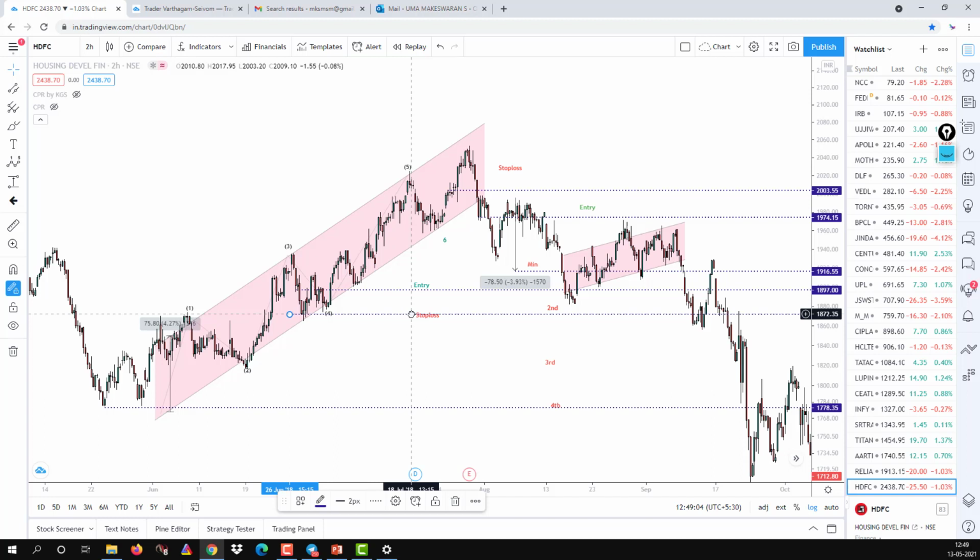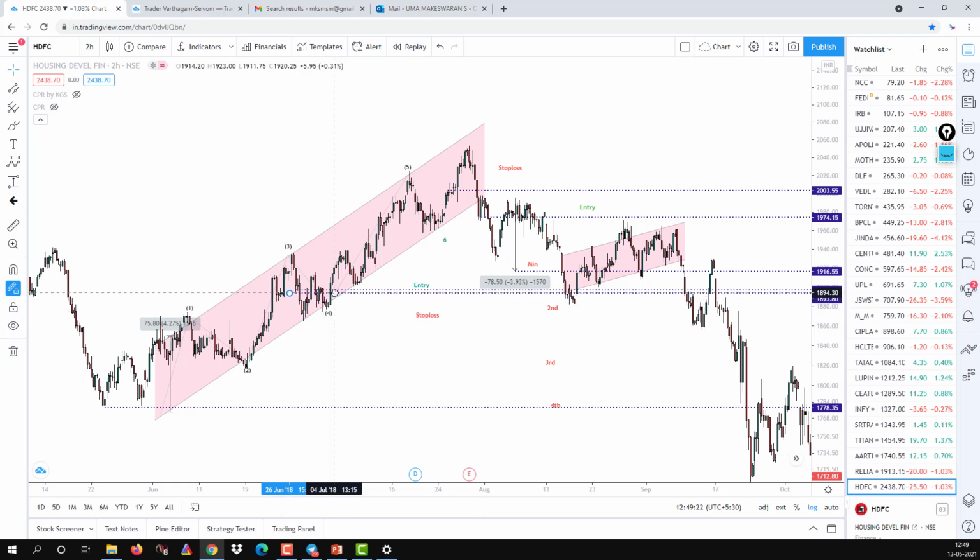Whenever you are taking the entry inside the channel, your stop loss should be outside the price level. When you fix this as stop loss, the price will not get hit. Actually, if you place the stop loss inside the channel, there is a chance to hit the stop loss.